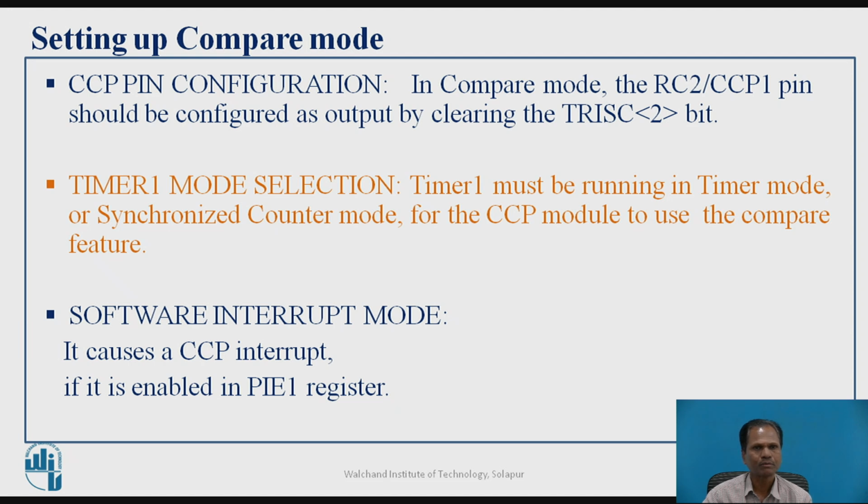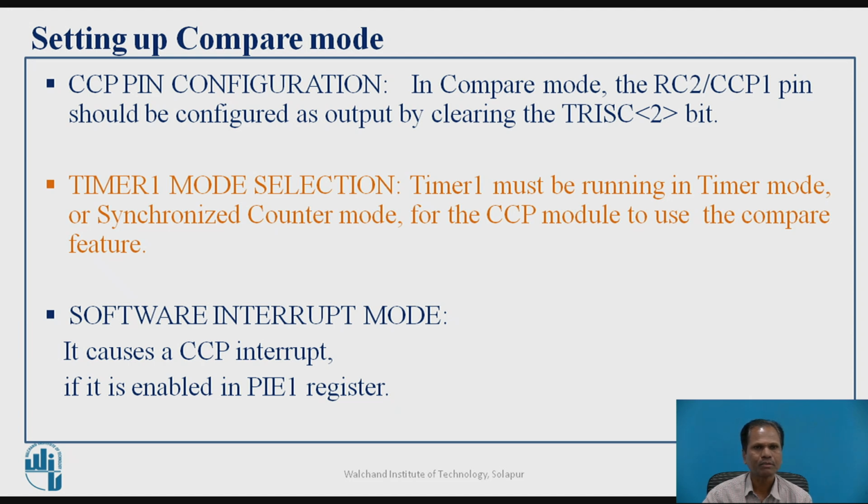The CCP1 module takes the support of timer 1 for compare mode of operation. For timer 1 mode selection, timer 1 should be configured to operate as a timer. Timer 1 must be running in timer mode or synchronized counter mode for the CCP module to use the compare feature.